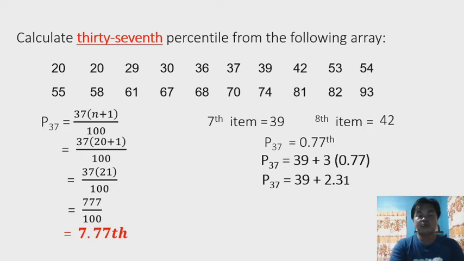The answer is 2.31. So, i-add na natin ang 39 plus 2.31 para makuha na natin ang 37th percentile based sa data na meron tayo. So, the answer is 41.31. So, the 37th percentile of this data is 41.31.